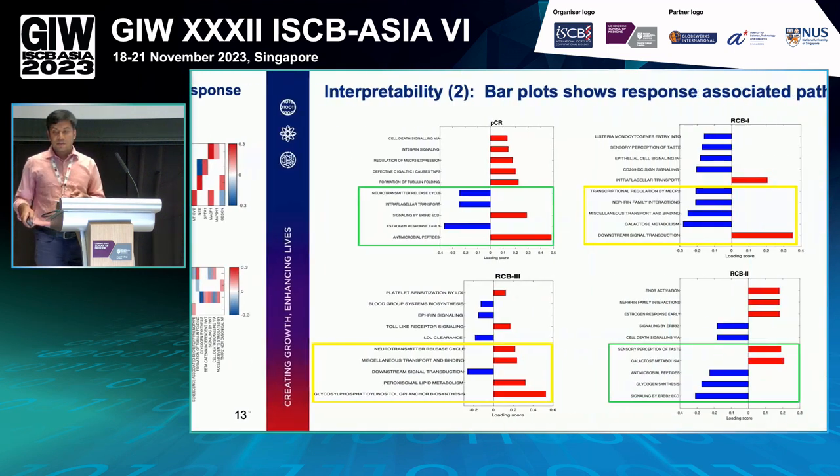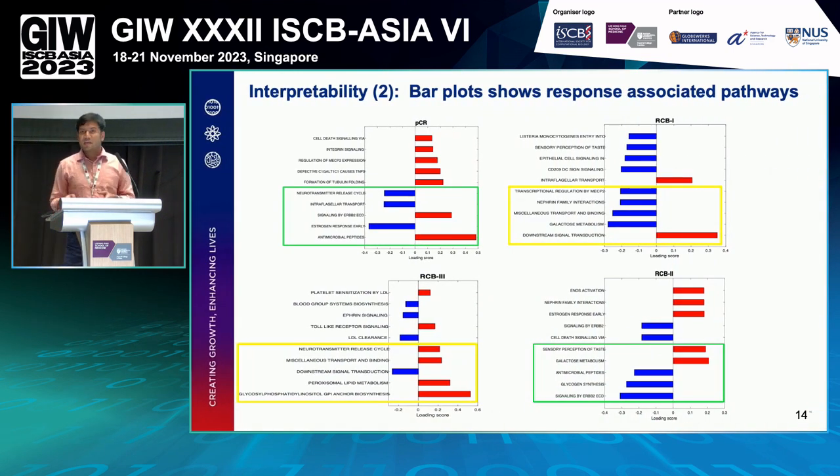So second question, can we actually understand this biology at the pathway level? How are they different from each other? Because we want to promote precision biology. So I tried to visualize the top 10 pathways detected in my method for a specific subtype. Then interestingly, I found they have some distinct pathways that are very unique, but they also have common ones.